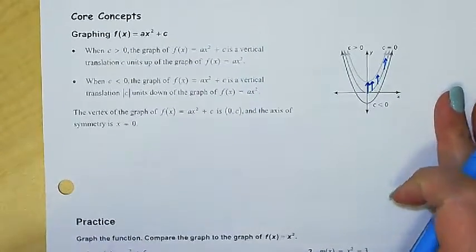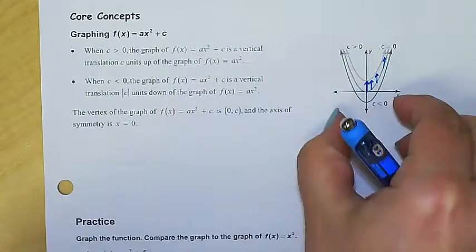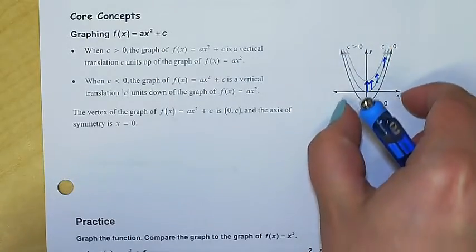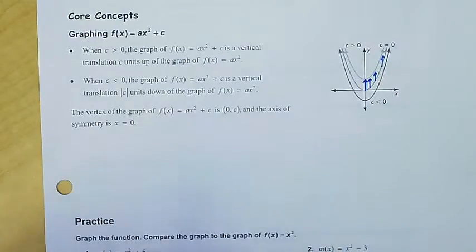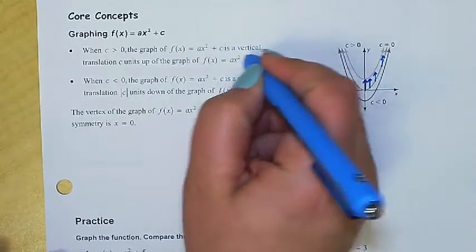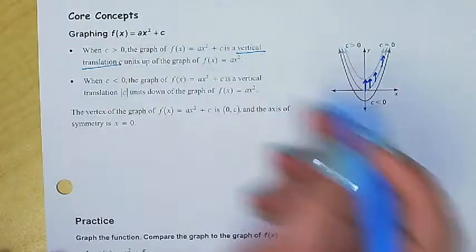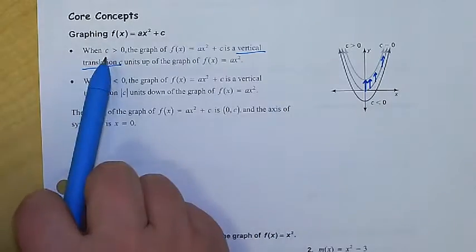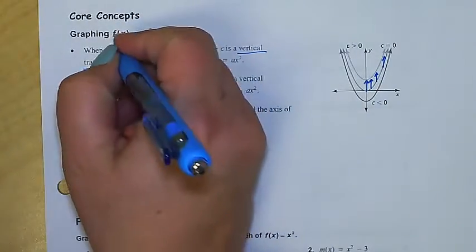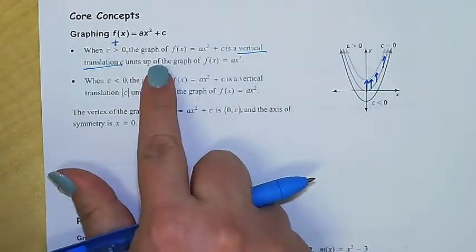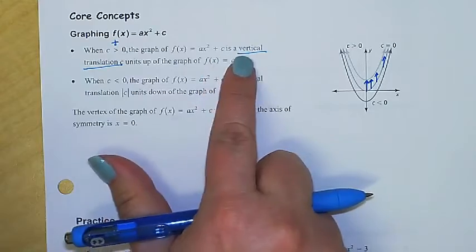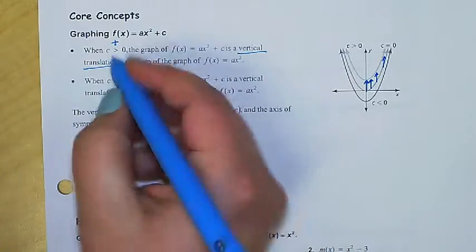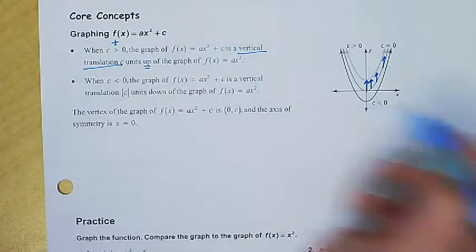Okay? And what that causes is a vertical slide up, or even better yet, the real vocabulary for that is a translation. You probably dealt with a little bit with translations in 6th and 7th grade. So if C is positive, okay, that's all that means, positive, then our graph is simply going to have a vertical translation that many units up.